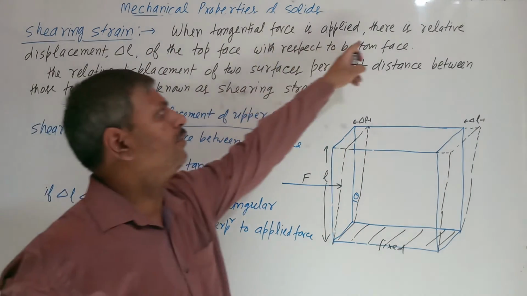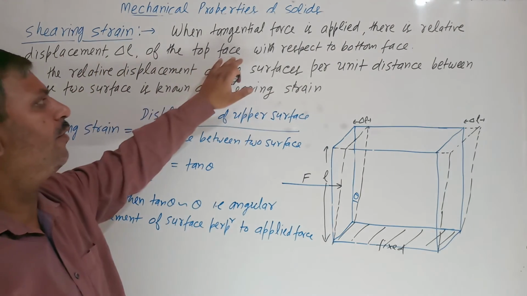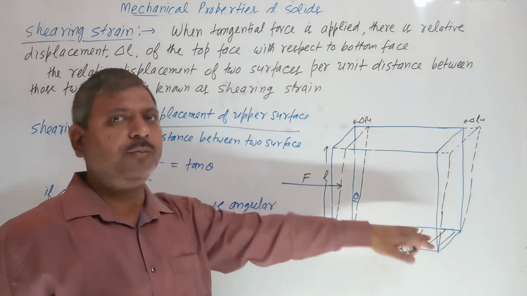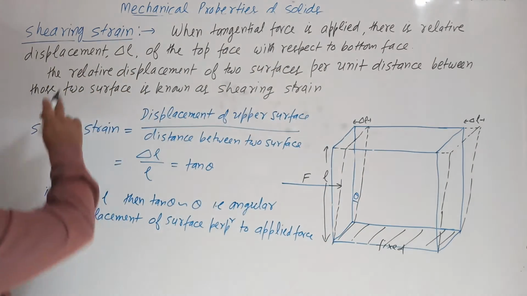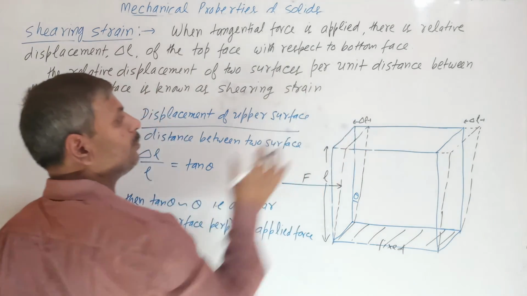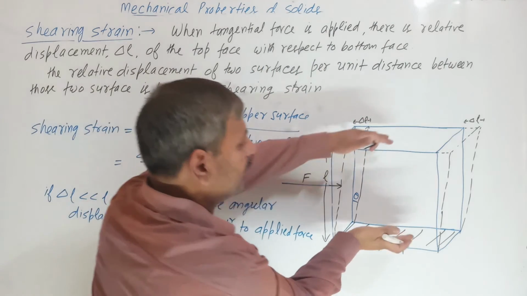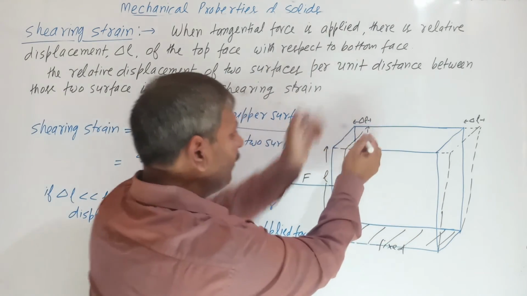When a tangential force is applied, there is a relative displacement del L of the top face with respect to the bottom face. This is the relative displacement of two surfaces per unit distance between the surfaces.